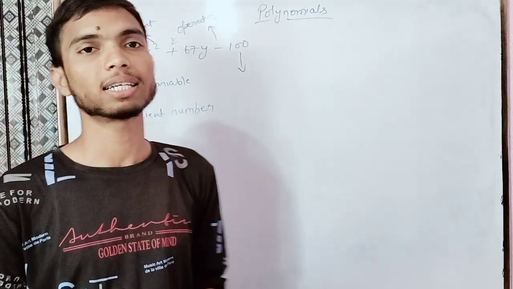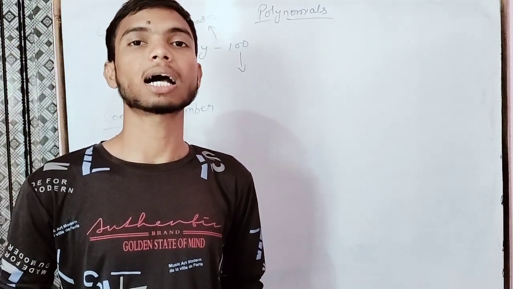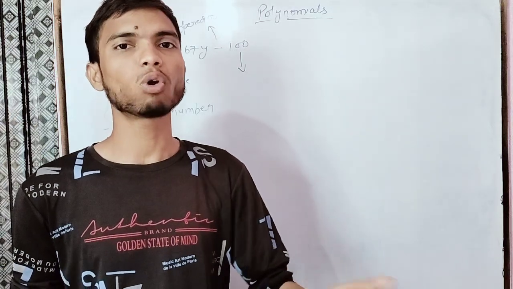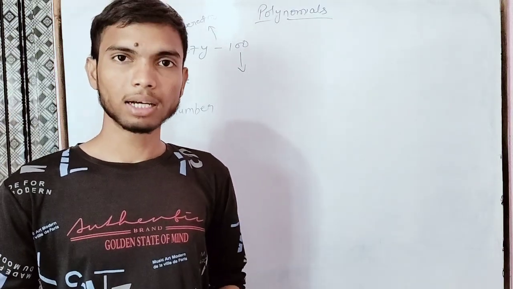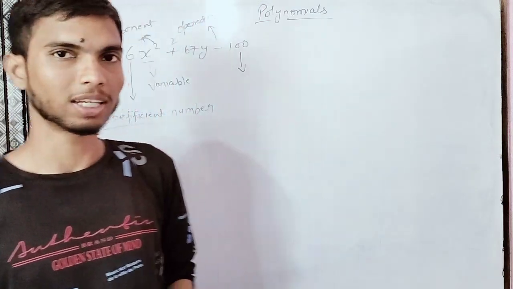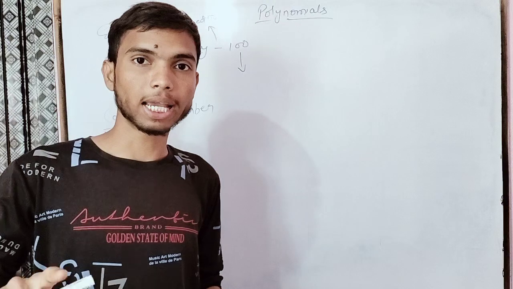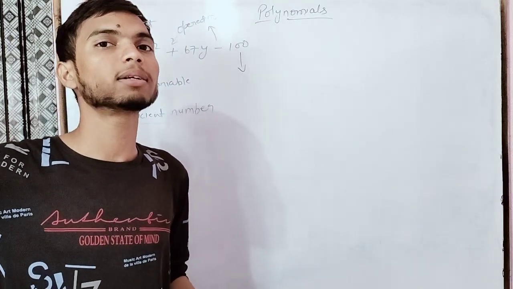For example, here 100 is a constant number and it is also known as a fixed number, so it will not change in any step. A variable will change in each step, but any number which is alone stays fixed.